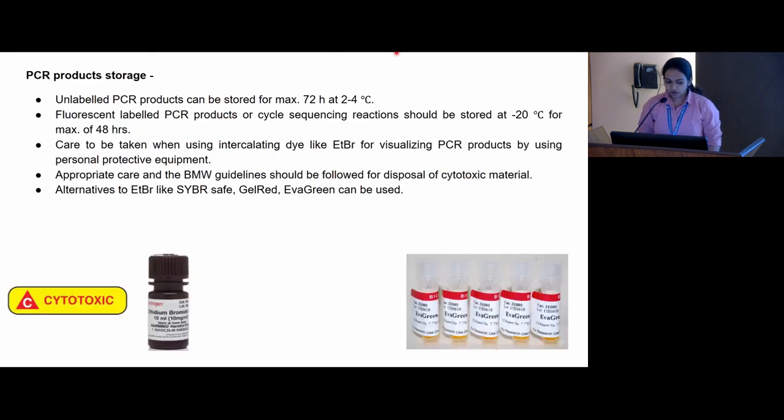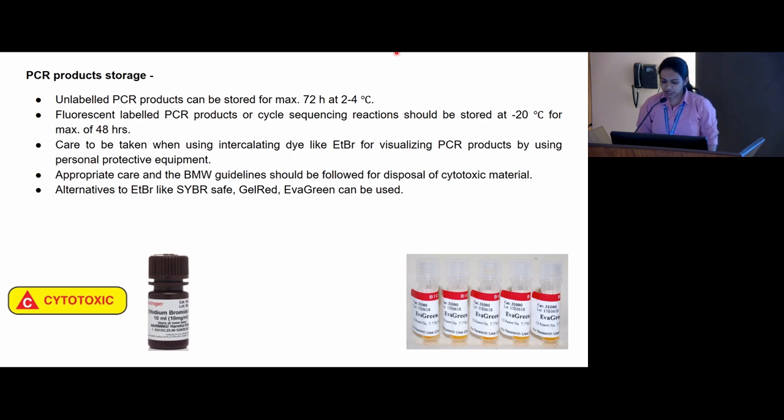In case of PCR product storage, unlabeled PCR products can be stored for a maximum of 72 hours at 2 to 4 degrees Celsius. Fluorescently labeled PCR products or cycle sequencing reactions should be stored at minus 20 degrees for a maximum of 48 hours. Also, care should be taken when using intercalating dyes like EtBr for visualizing PCR products, using personal protective equipment.